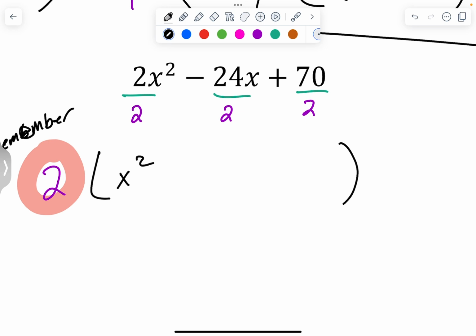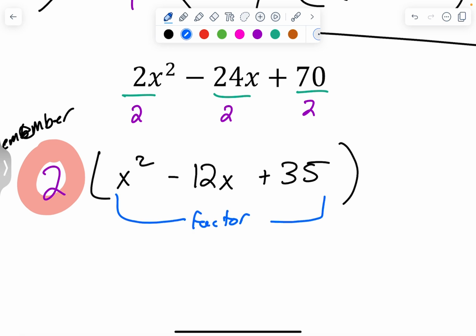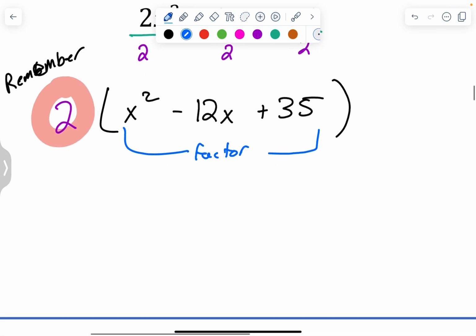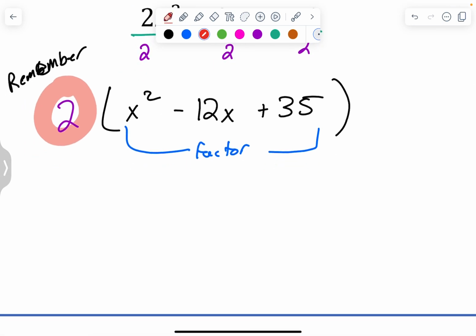Negative 24x divided by 2 is negative 12x. And 70 divided by 2 is positive 35. So now I'm going to factor this group inside here. I'm going to set up my diamond, and I'm going to be looking for factors of 35 that add to negative 12.